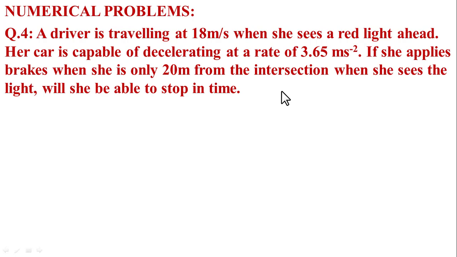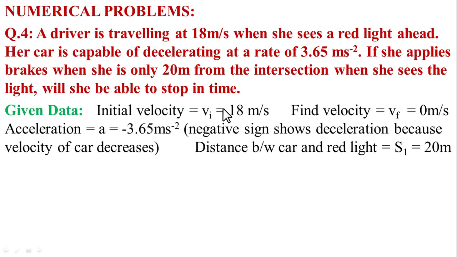So first of all, write the given data. Initial velocity Vi is equal to 18 meter per second and final velocity at rest, so the body will be stopped. Vf is equal to 0 meter per second. Now acceleration A is in the form of deceleration because the body will be stopped by applying the brake.